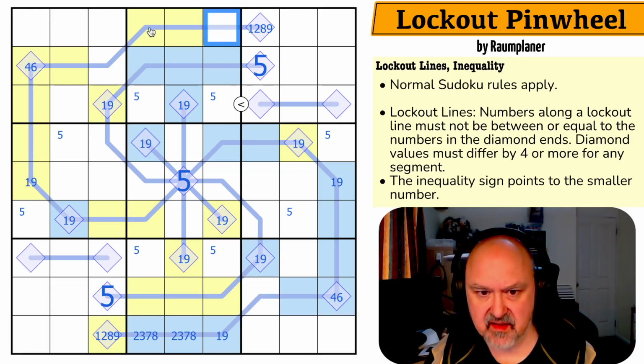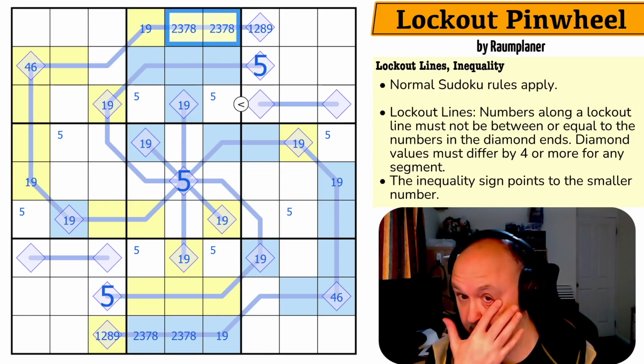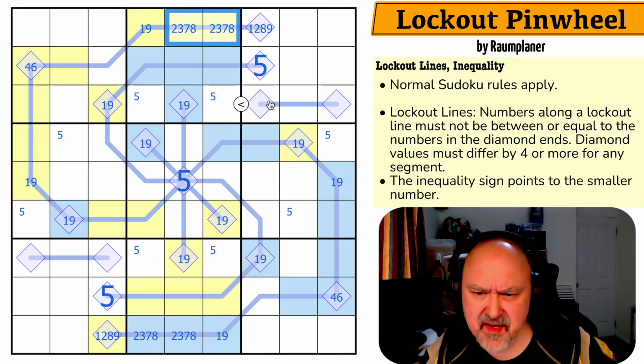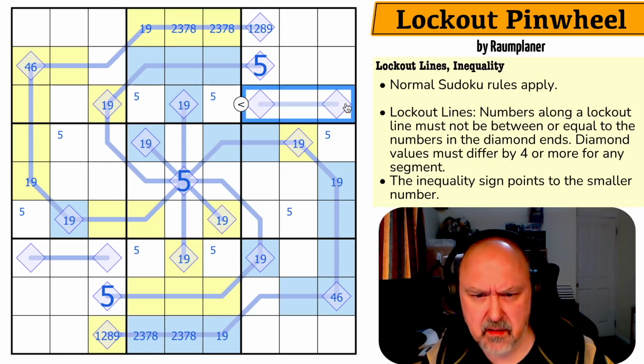And I think that is the yellow 1, 9. Because this has to be... It's the same logic. This is the yellow 1, 9. And these are 2, 3, 7, 8. But I'm not sure which ones. How am I going to get onto this line? Yellow 1, 9 is... This is crazy.